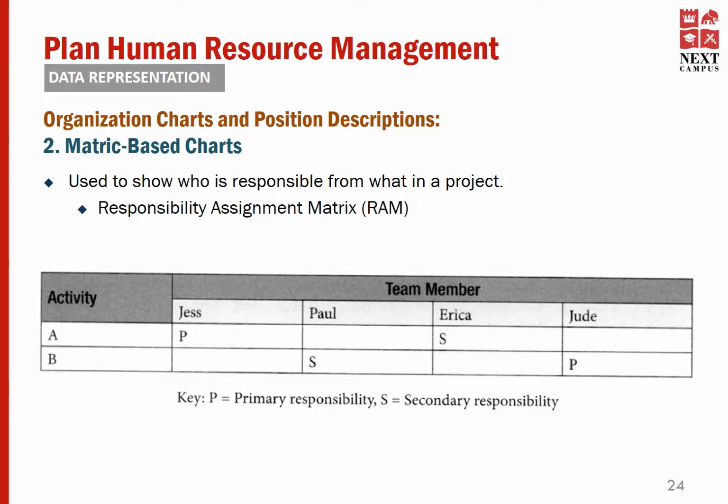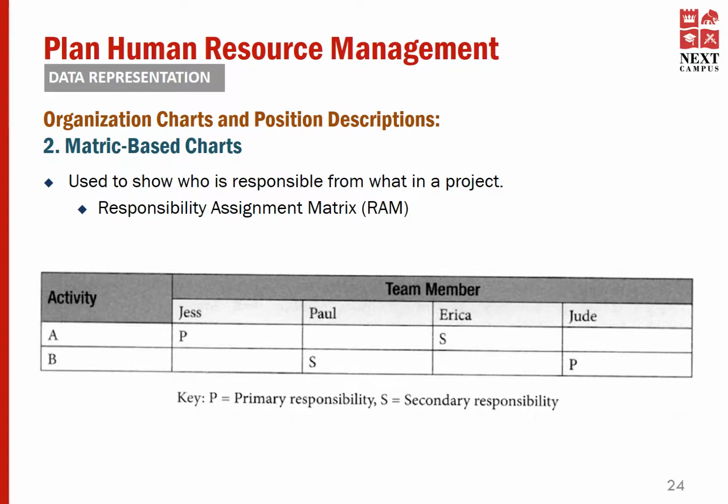Here we see an example of a Responsibility Assignment Matrix, RAM. There are 2 activities, Activity A and Activity B. And there are 4 resources assigned to these 2 activities. Let's have a look at the resources and their assignments. If you look at Activity A, it's primarily assigned to Jess, and Erica is the secondary resource assignment for the same activity.